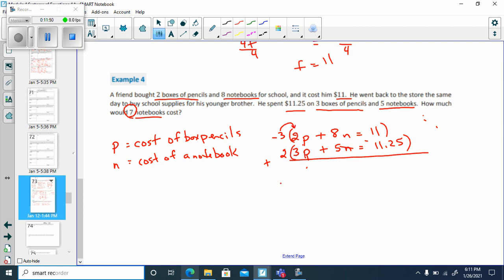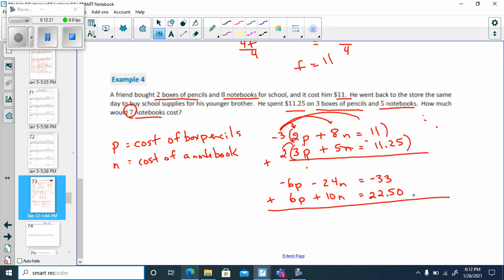Distributive property, this would give me -6P minus 24N equals -33. 2 times 3, see we're adding, 2 times 3 would be 6P plus 10N, and 2 times 11.25 would be equal to 22.50.